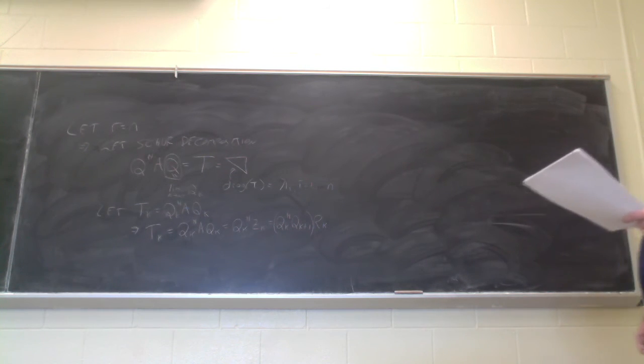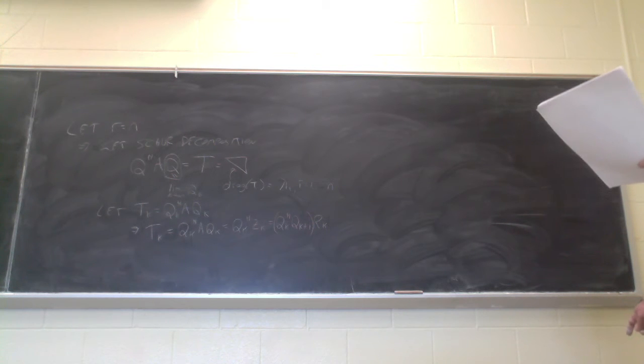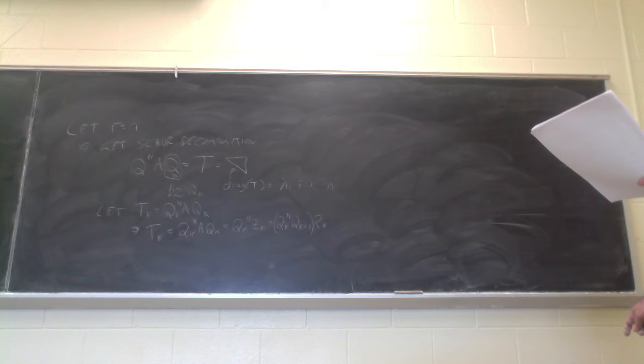So what I need is R_k, which is Q_k transpose Z_k. Okay, so we need to choose R_k in the middle.